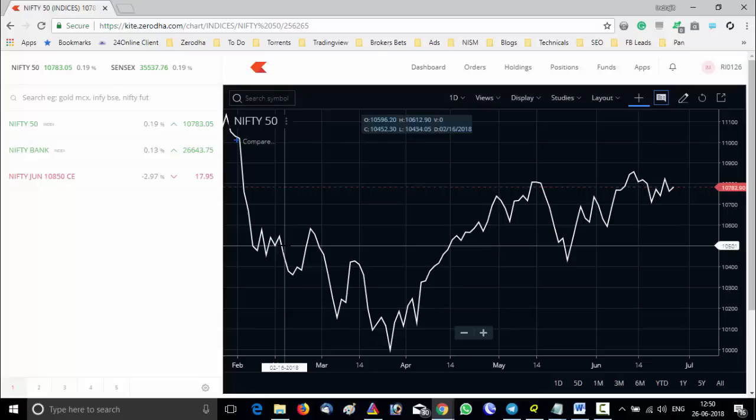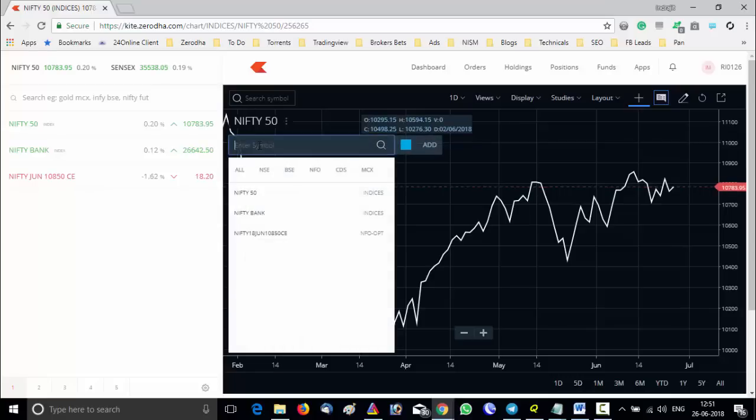Now I'll compare Nifty 50 with USD INR, or the dollar rupee, to show you the correlation between Nifty 50 and the dollar rupee. Click on compare and add USD INR.